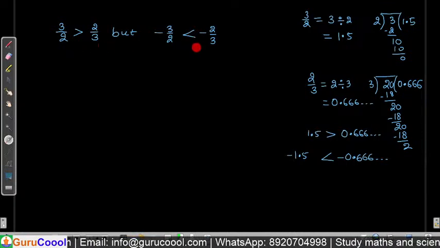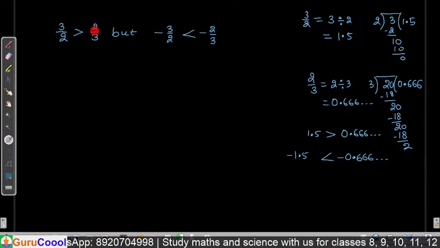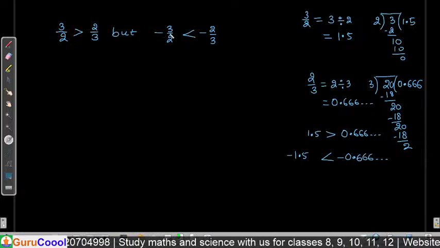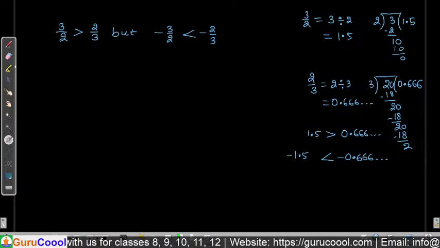Notice what happened here. If the first fraction is greater with a positive sign, then if you take a negative sign with them, the second one will become greater. So the inequality changes, right? Okay.